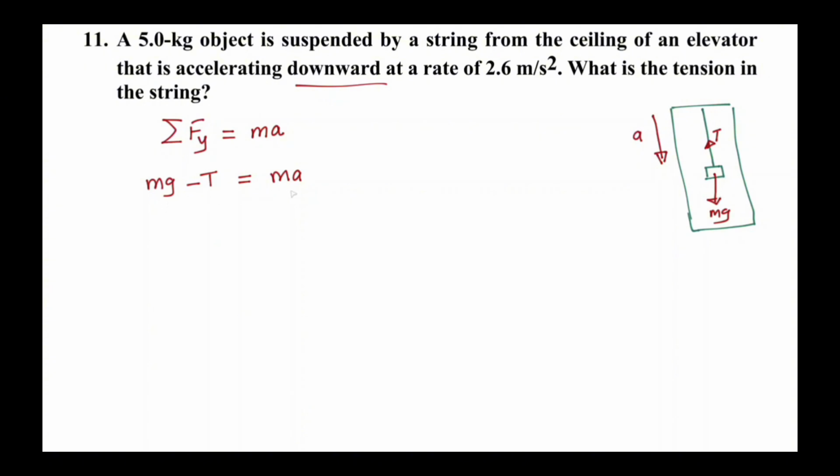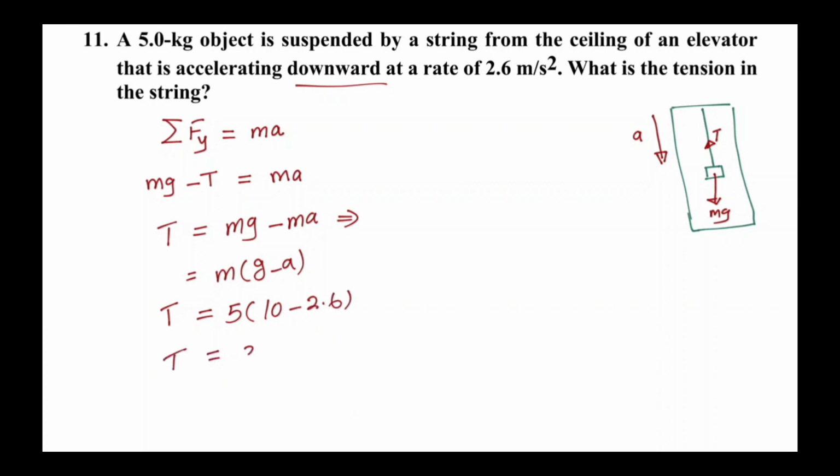So mg minus tension equals ma, and tension in this case is equal to mg minus ma, or m times g minus a. You substitute numbers, you'll find that T equals 5 times 10 minus 2.6. In other words, tension equals 37 newtons.